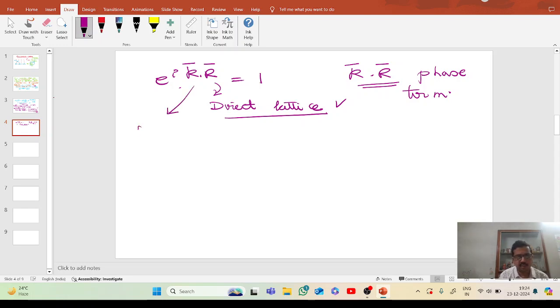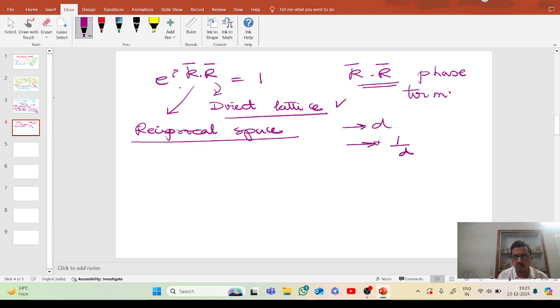So this is reciprocal space. So k dot R will be a pure phase. If R is direct lattice, then k will be in reciprocal space. That is, if R is analogous to d, then k will be proportional to 1 by d.